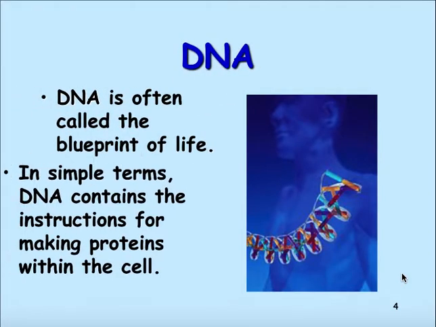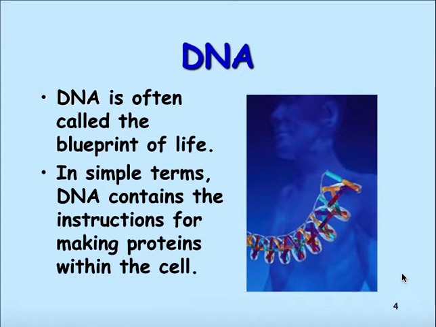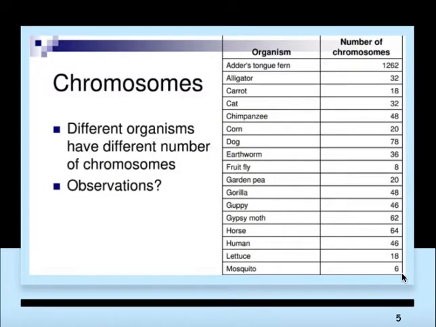Something that I wanted to show you was that you can't really predict how complex an organism is based on the number of chromosomes that it has. So here's a chart, and it shows that for adder's tongue fern, there's just over 1,200 different chromosomes. So this is just a fern plant, you know. And then an alligator has 32, a carrot has 18.